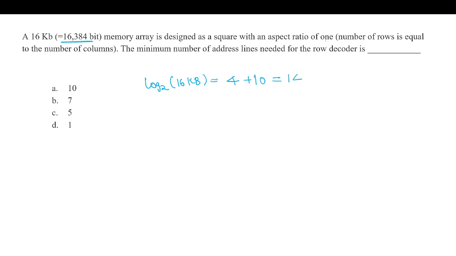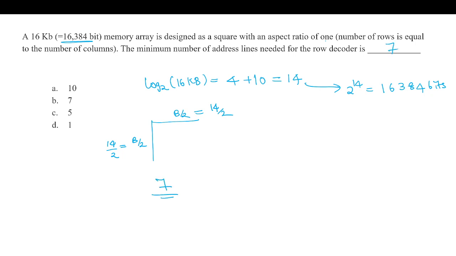It is 14. And you can see this 2 to the power 14 is 16384 units. Okay, then it's a square arrangement. We have already seen b by 2 is required here, b by 2 is required here. So we have 14 by 2 here and 14 by 2 here. So the required is 7.